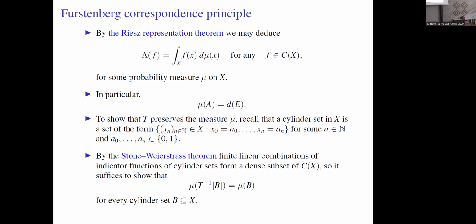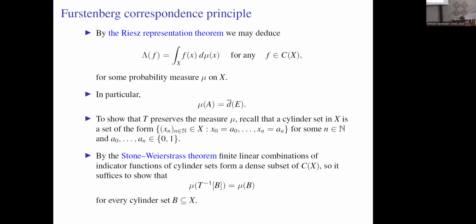are continuous functions. So linear combinations are continuous, and this is how we can verify this. By the way, here you see that because of this topology on the Cantor set, this argument is in fact the proof of the Riesz representation theorem on the Cantor set.